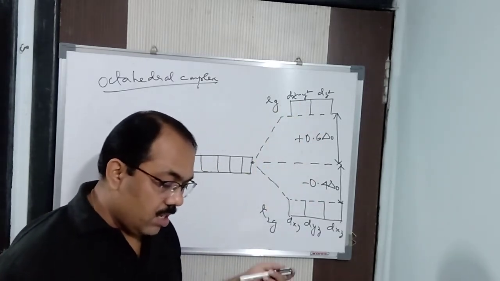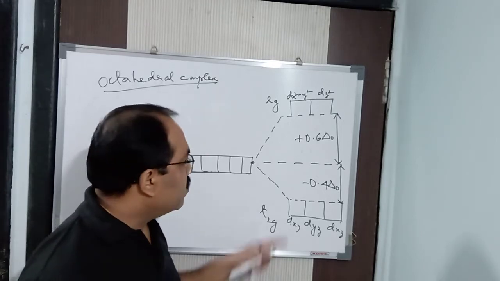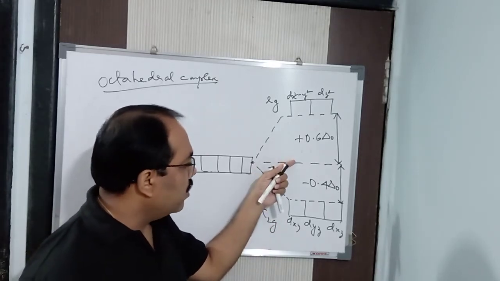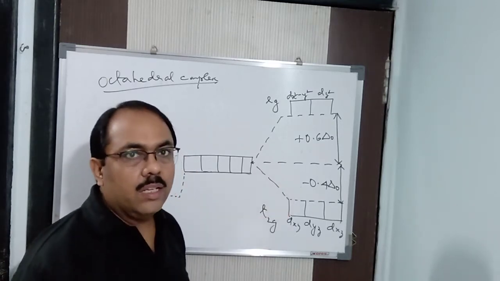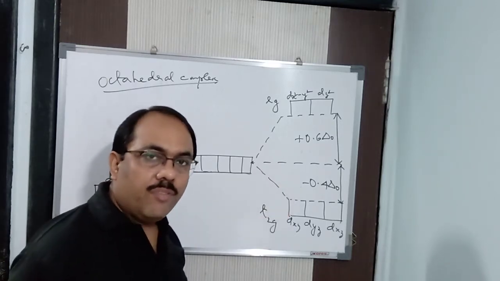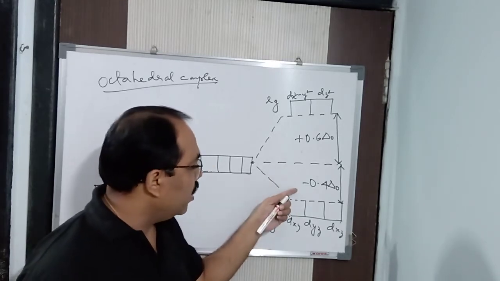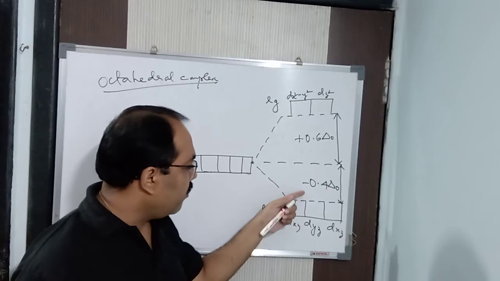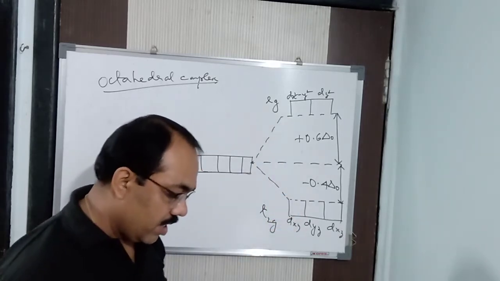Understood how it is, 0.6 and all these things that I said. Here it is 0.4, that is 2 by 5 delta naught, and here 3 by 5, because 3 orbitals are here, and out of 5 orbitals the 2 orbitals are there.